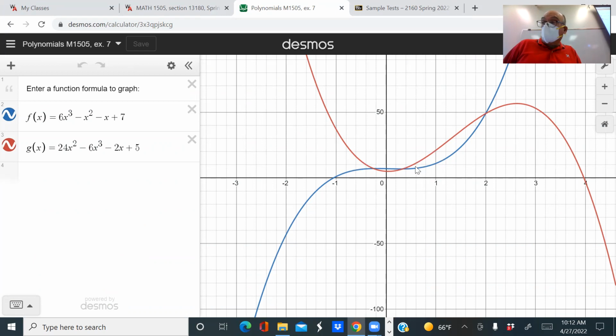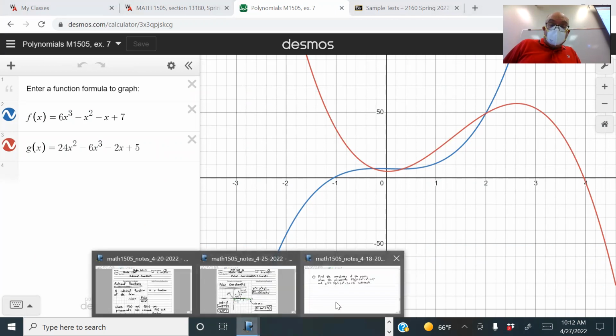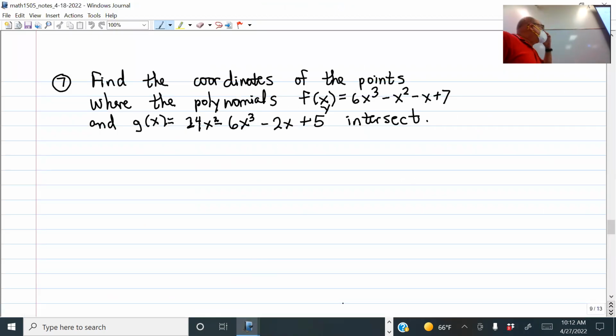They have to fall on both curves, and that's kind of a clue to the analytical solution to this problem.